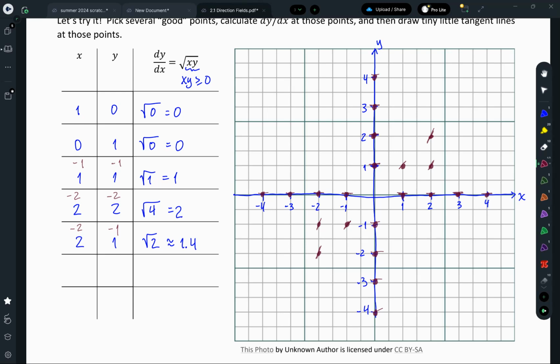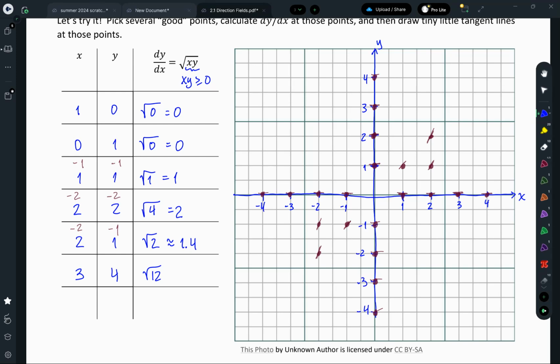We could also look at other points. We could go big and say, let's look at the point 3 with 4. So now we get the square root of 12, which is unknown to me right now. It's bigger than 3, smaller than 4.